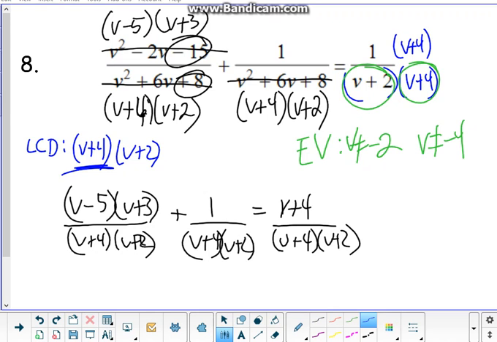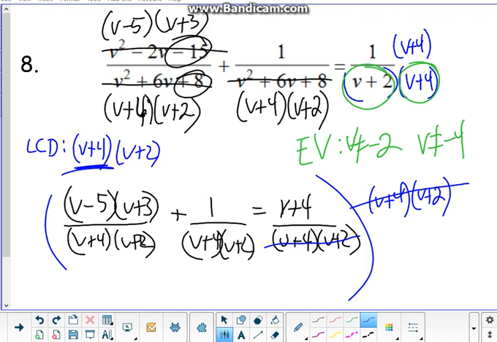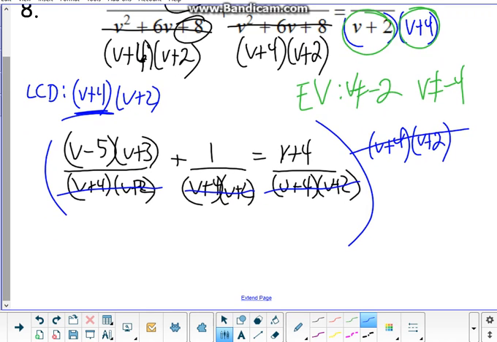Now I multiply everything. I'm just going to put big parentheses around the entire thing to show that I'm multiplying the entire equation because I'm tired of writing. I multiply this by v plus 4 times v plus 2. Okay, that means the v plus 4 and v plus 2 get distributed to every single fraction, and they all cancel out their denominators. So the only things I have left are v minus 5 times v plus 3 plus 1 equals v plus 4.